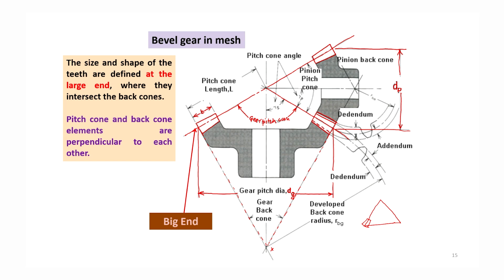Now, if a circle is drawn with the radius given by this RBP and center where the lines drawn from the back cone intersect.